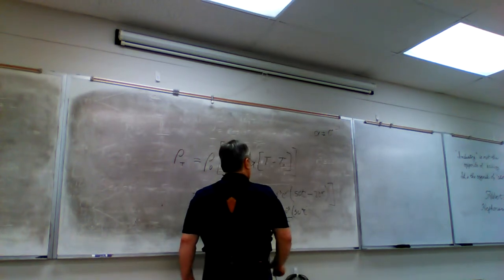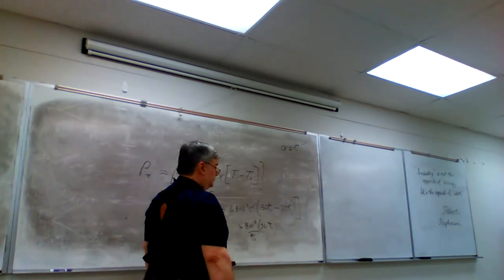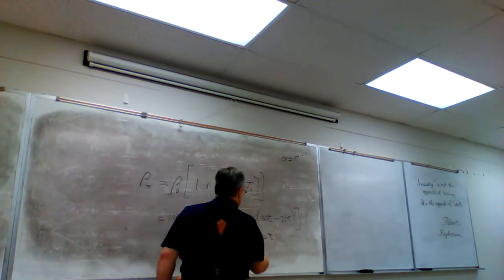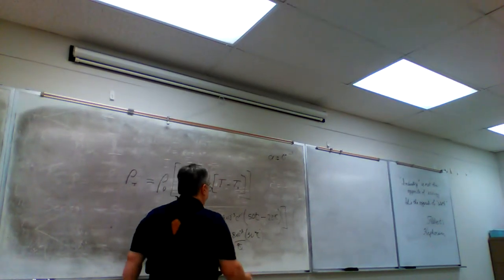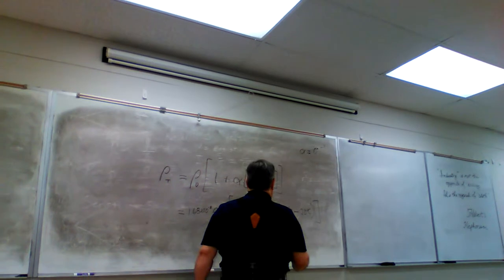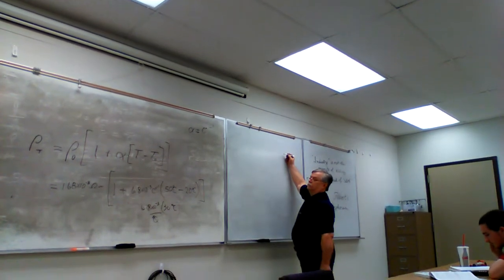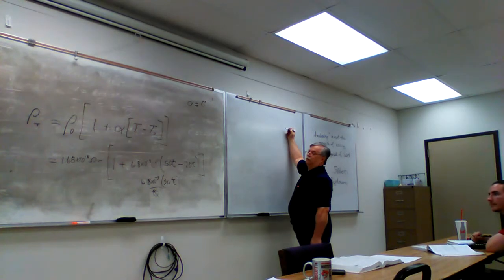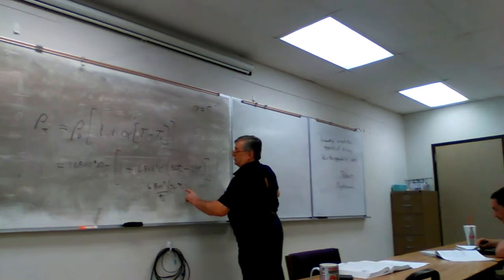Those cancel. What's 30 times 6.8 times 10 to the minus 3? What one? I haven't added it yet. I'm working my way back.